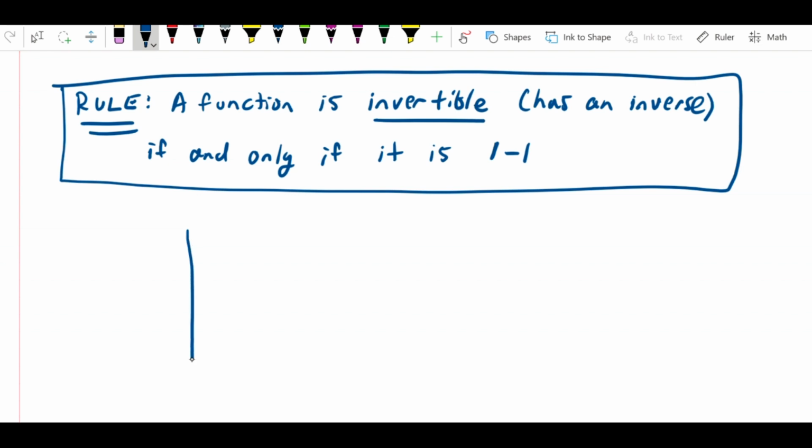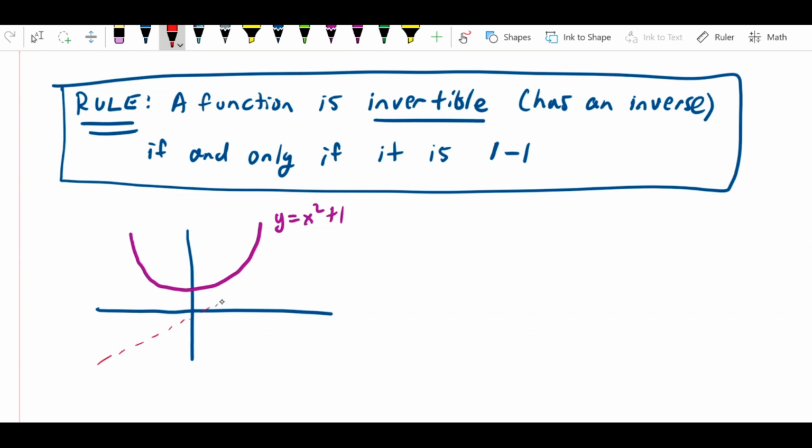Let's suppose that I draw this function here, in a different color. This is y equals x squared plus 1. The question is, is that function invertible?